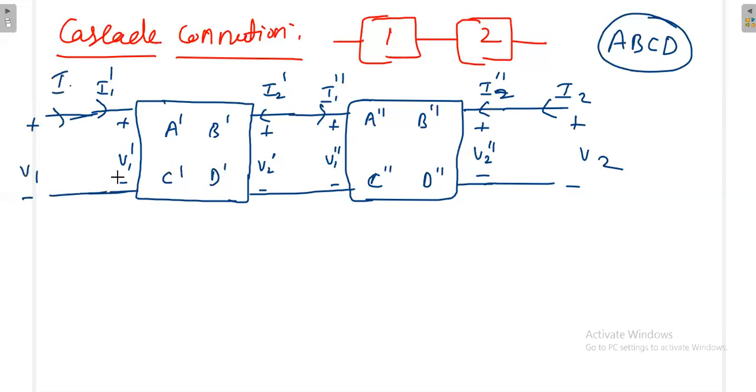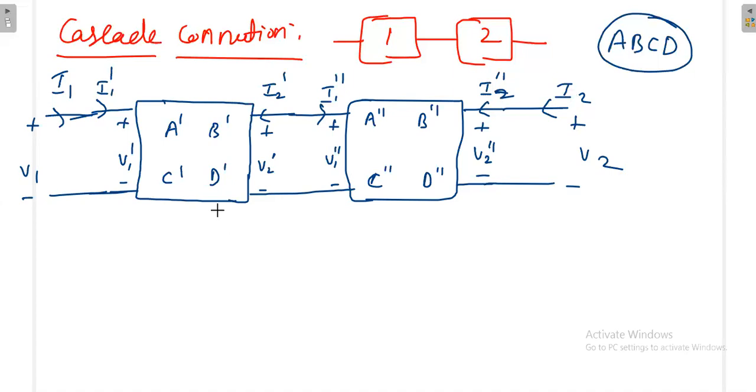Now you have some idea here. V1 is the same as V1 dash, V2 dash is the same as V1 double dash, V2 double dash is the same as V2, I1 is the same as I1 dash. But I2 dash is opposite to I1 double dash, and I2 double dash is the same as I2. So now you have some relationships.